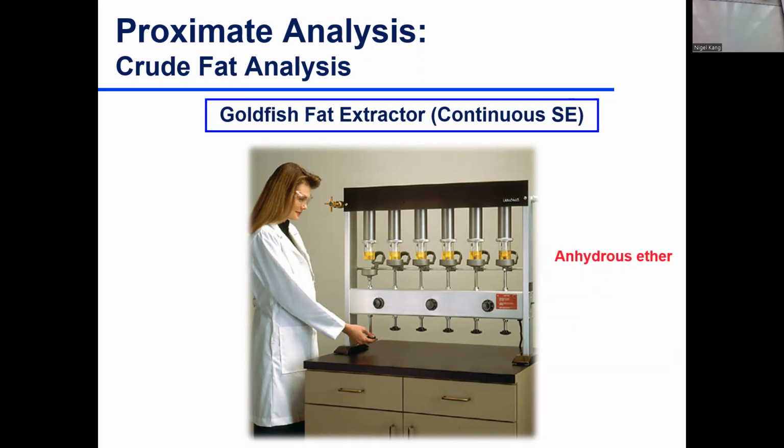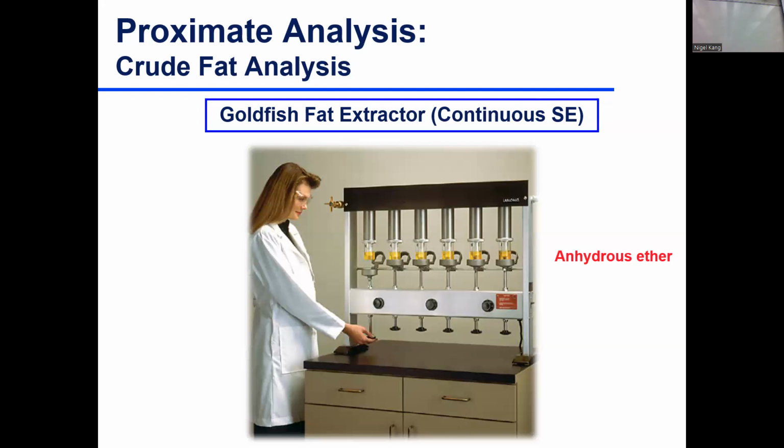You add your solvents here. And then you have a glass compartment. There is another part here where you can put your sample in a thimble and put that thimble in this glass, and then they completely face each other.